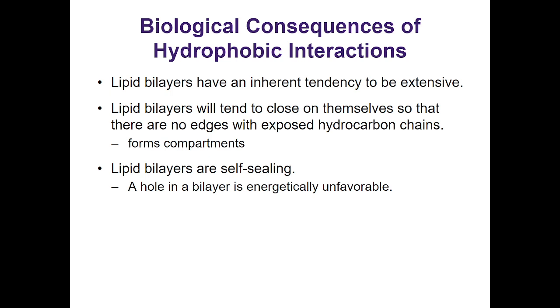It can be a lumpy sphere. These are going to form compartments if they need to. The lipid bilayers are self-sealing. So if you make a hole in your lipid bilayer, it's going to be energetically unfavorable, and it will be filled in. It will either contract to fill it in, or it will bring in more material.